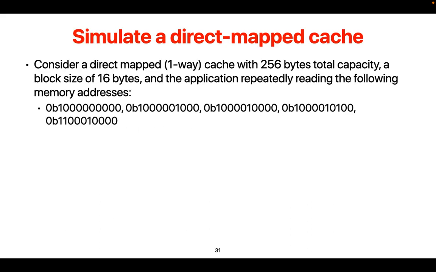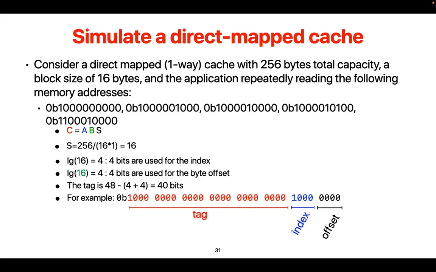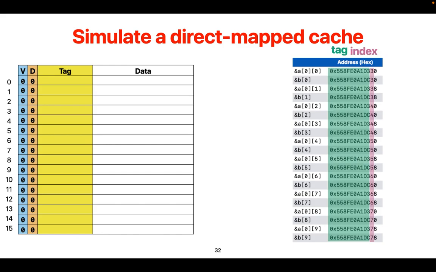Okay, so let's go back to the direct map cache that we simulated in the last lecture. In the last lecture, we talked about how to generate a direct map cache. You should remember, we partition the address: here's the tag and index. So for the first memory access on A00, hit or miss? What type of miss? Compulsory miss. Why? First time, right?